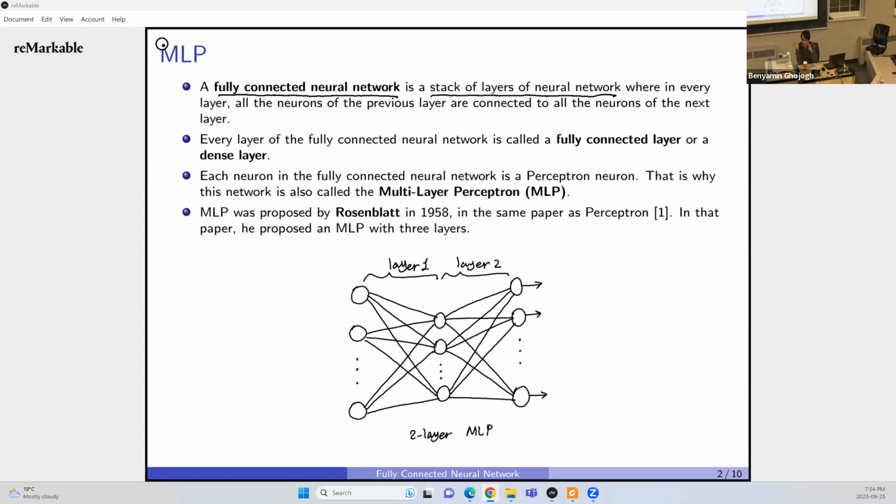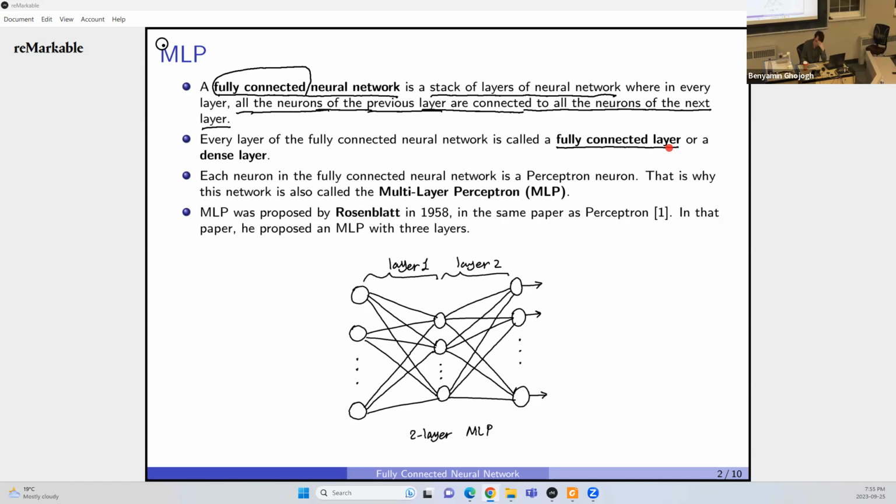So you stack several layers, where in every layer, all neurons of the previous layer are connected to all neurons in the next layer. Hence the name fully connected neural network. Fully connected means that all neurons of the previous layer are connected to all neurons of the next layer, but the neurons of each layer are not connected to each other. And every layer of the fully connected neural network is called a fully connected layer.